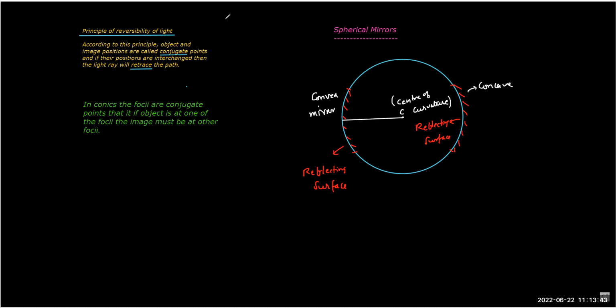Essentially, a mirror is three-dimensional, so we only draw the two-dimensional view in the diagram.